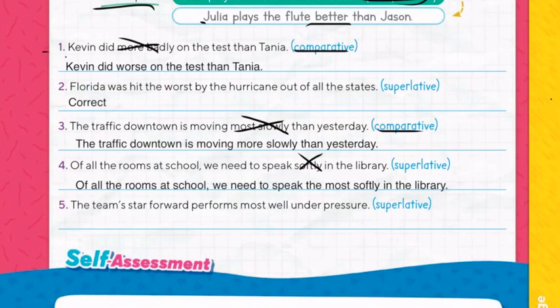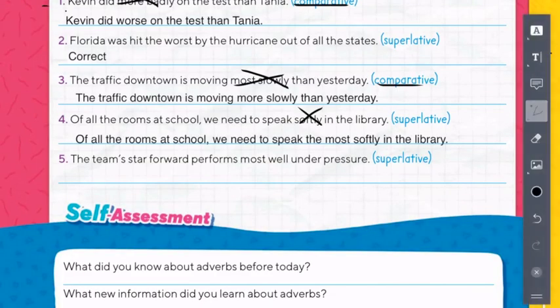And finally, number 5. The team's star forward performs most well under pressure. And it has to be superlative. Most well is superlative? No. Well is irregular, so we don't use the most well. We use the best. Correct.